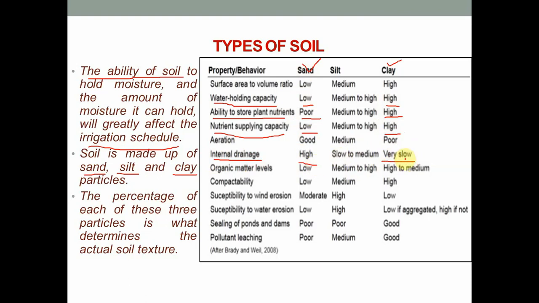Okay. So this can be either good or bad. Good in the sense that clay particles will be able to hold water or moisture for a very long time, and sand won't be able to do that. But if we look at the bad side, if there is no internal drainage in clay, there can be a problem of waterlogging, which is not the case in sand.